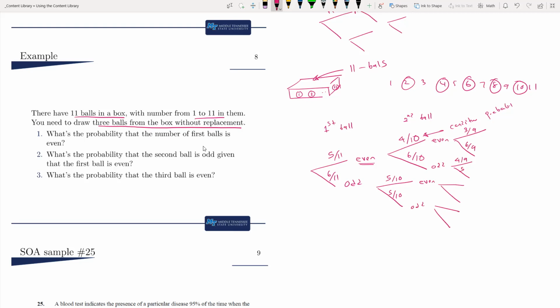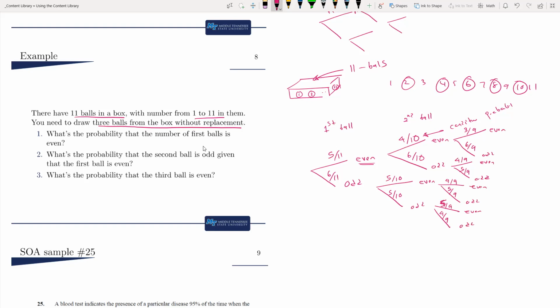And then since you took only one more, there's only 5 left. So here you took one even, so only 4 left now, and 5 odd. And then here you took one odd, so you have 5 even and 4 odd. So this is even, odd, even, odd, even, odd, even, odd.